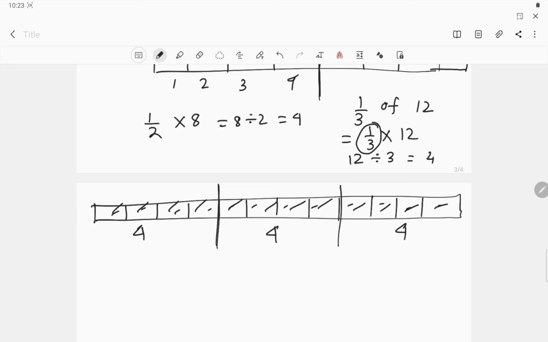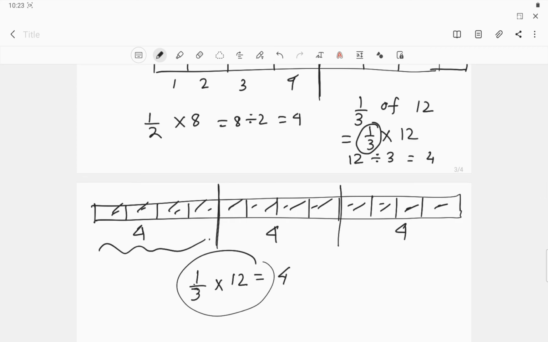If you add them, you will get 12. So you only need one portion. So your answer will be: 1/3 of 12 is equal to 4. That means if you divide the 12 items into thirds, you will get 4 items in each. Right?